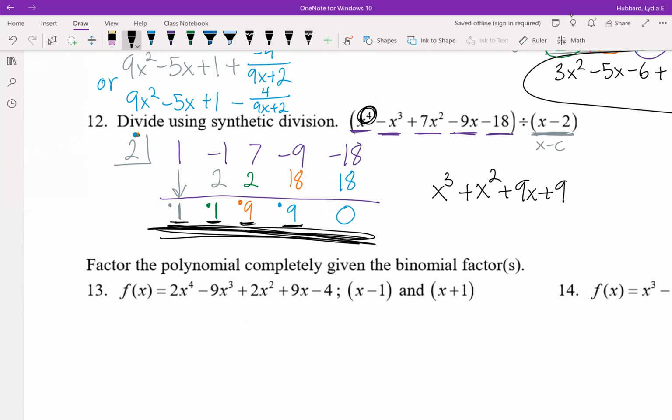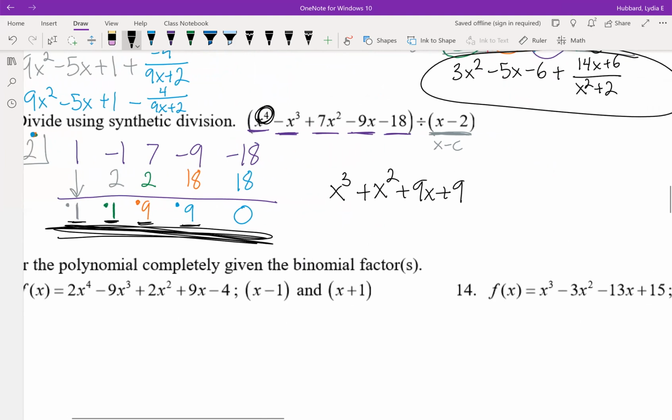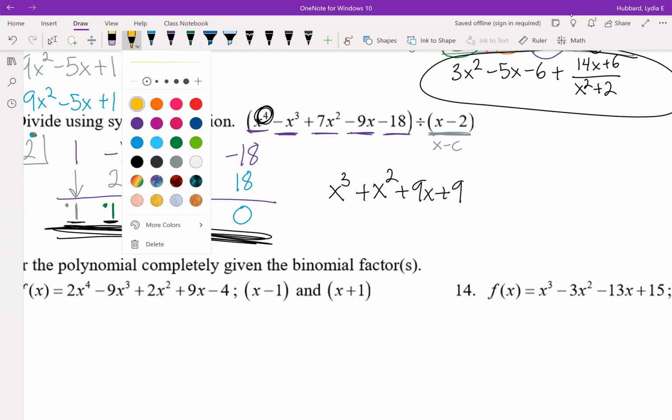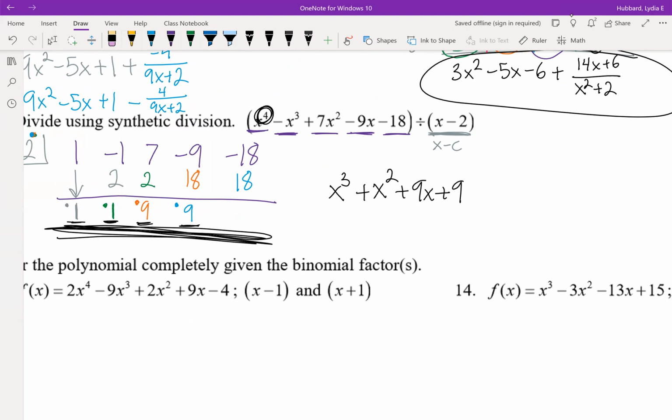And we don't have a remainder because this divided nicely, but if we did have a remainder, say here, because I just want to give us some practice with this. Say instead of getting 0, I messed up, I did a negative and I got -36 instead. The way that I would write this is plus, you can say -36 over what we were dividing by, or you could write it as, again, x to the 3rd plus x squared plus 9x plus 9 minus 36 over x minus 2.